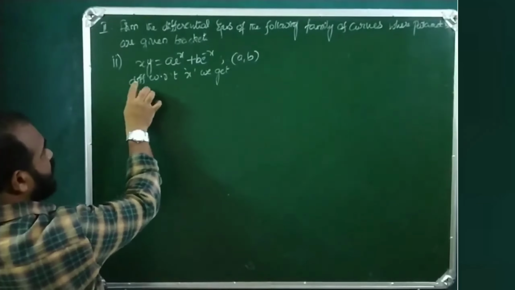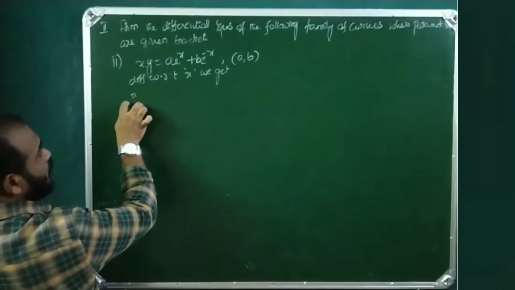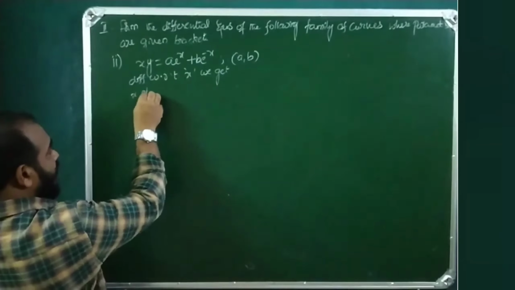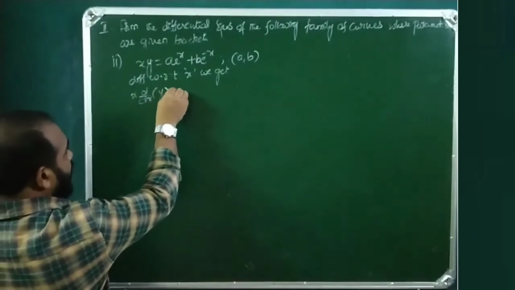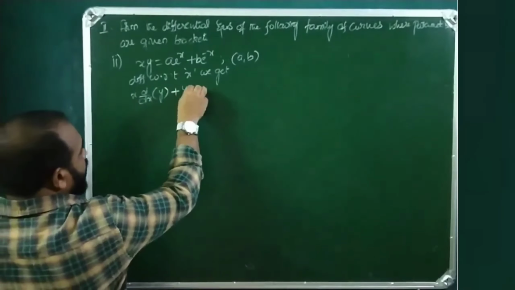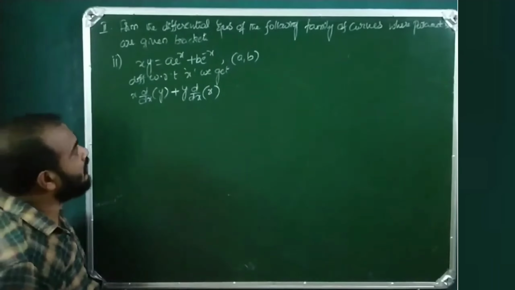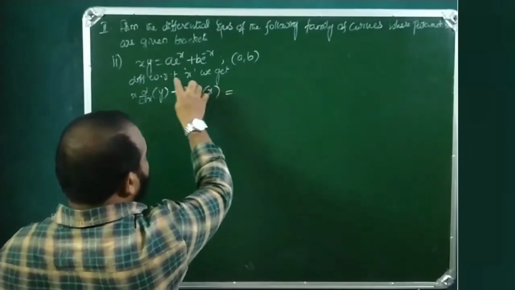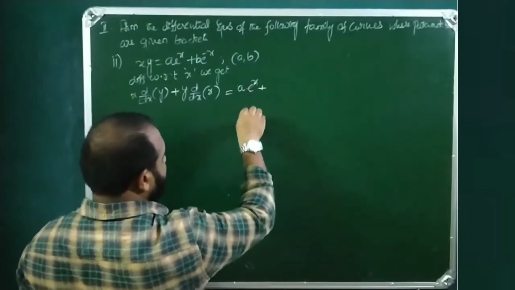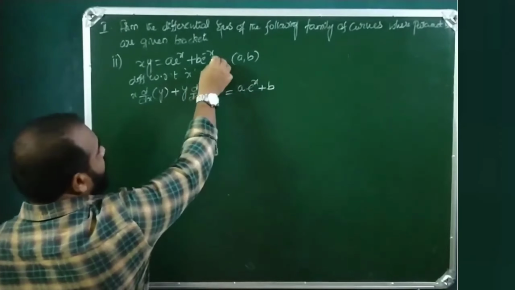differentiating the product once: x into dy/dx of y plus y into d/dx of x is equal to a into e^x plus b into d/dx of e^-x.